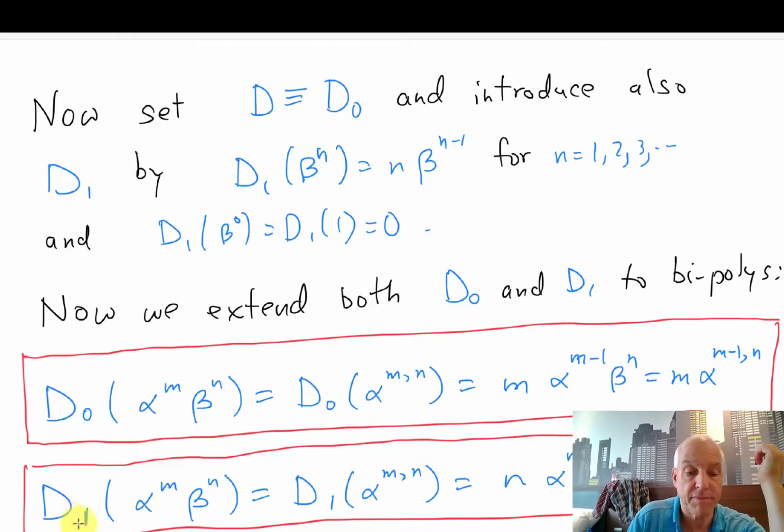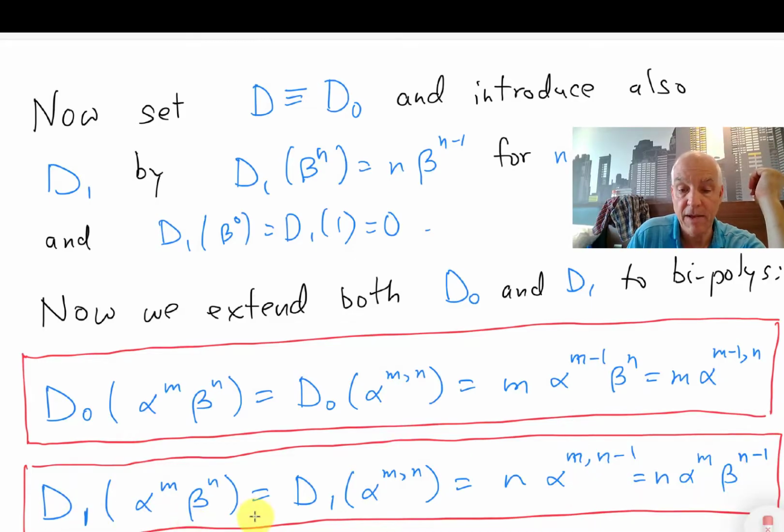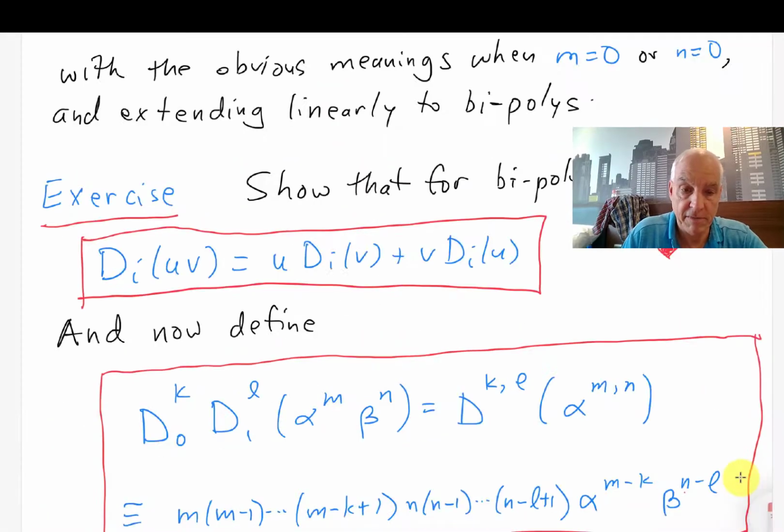And similarly, d sub 1 of the same thing, we get n times alpha to the m beta to the n minus 1. So we have a reasonable world in which we can apply these sometimes called partial derivative operators, but they're just derivatives with respect to our basic polynomials alpha and beta.